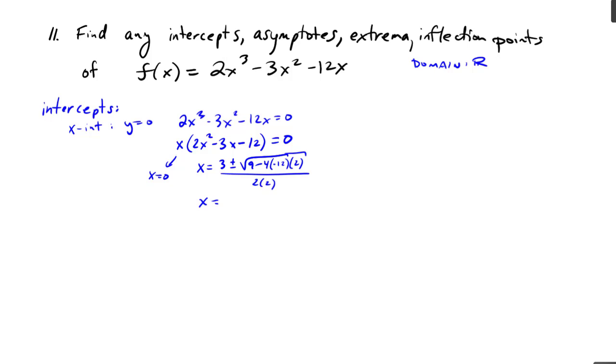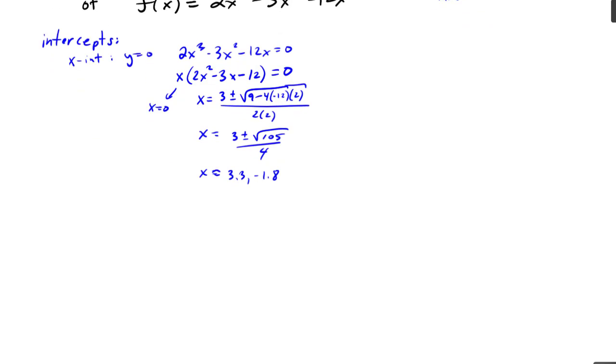And this is going to end up giving me 3 plus or minus the square root of 105 over 4. If I did want to sketch this, I could approximate that as about 3.3 and negative 1.8 if I go ahead and calculate those.